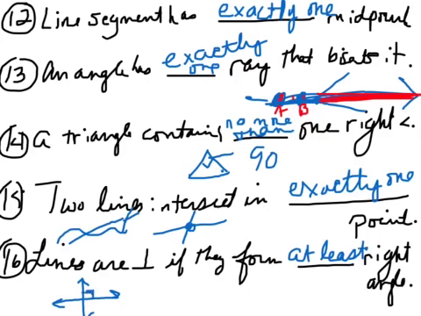Because if that's a right angle, the vertical angle's a right angle, and then if they're a linear pair, if this is 90, the other one's 90, which means that's a right angle, and then its vertical angle's a right angle. If you had line segments, you could make exactly one angle, but this said lines, so we're going to go with at least one right angle.